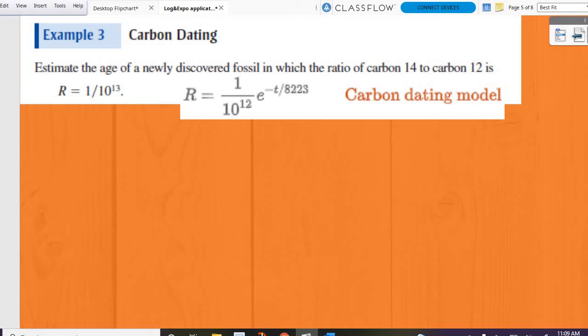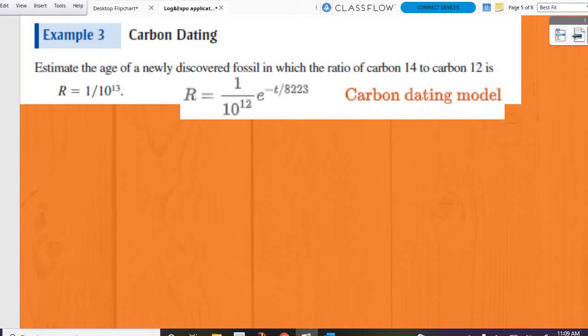It's negative because it's decaying. That's the amount of carbon that is in an item. So if you discovered a fossil or a rock, you can use this exponential decay model to determine the age.